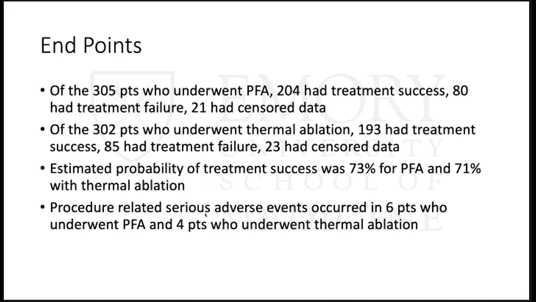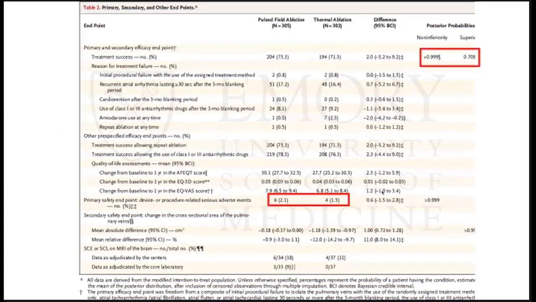And the procedure-related serious adverse events occurred in 6 patients who underwent PFA and 4 who underwent thermal ablation. So PFA met criteria for non-inferiority as compared to thermal ablation. And overall, the outcomes in the two groups were very similar. Ablation resulted in improvement in quality of life without really any apparent between-group differences.